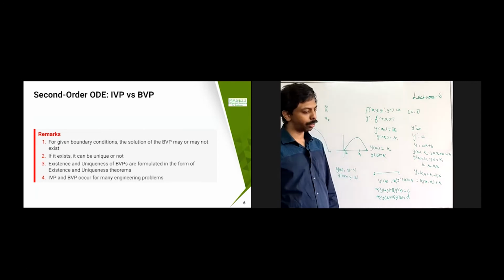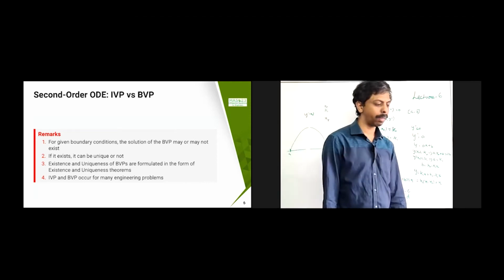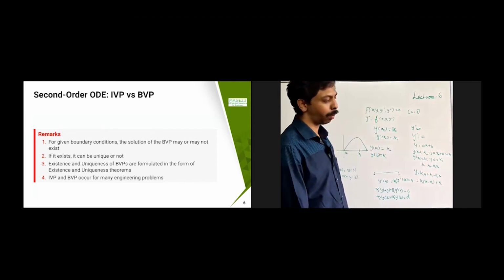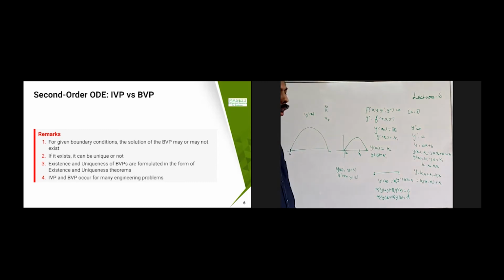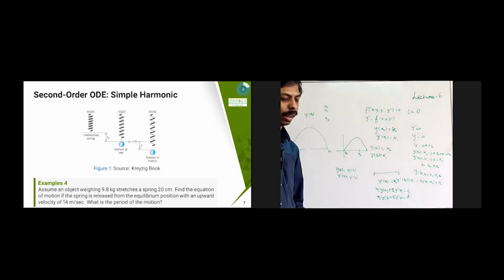Even if it exists, it may or may not be unique. The existence and uniqueness of boundary value problems are formulated using existence and uniqueness theorems, which we are going to see. IVP and BVP also occur in many engineering problems, so we will see one or two examples of that as well.